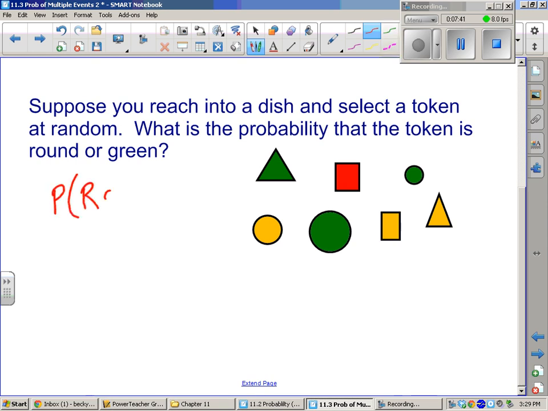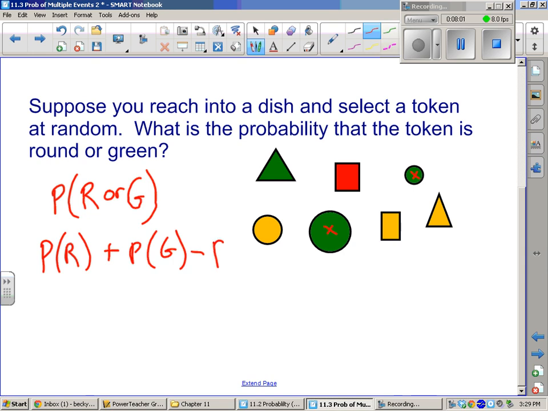Round or green. So those definitely are not mutually exclusive events because there are a couple examples that are both round and green. So we're going to have to use that formula. Take the probability of round, add it to the probability of green, and then subtract the overlap, which is the round and green ones. Okay, probability of round. There are 1, 2, 3 round out of 7 tokens.